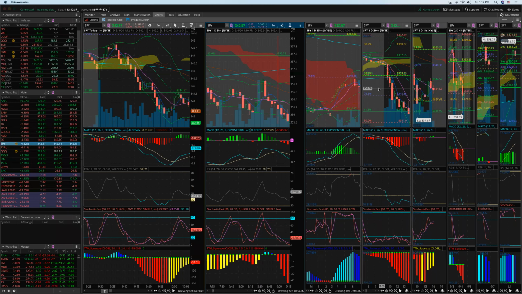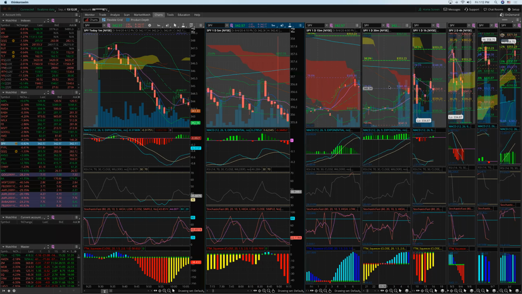It went down a lot. For those who don't know my charts, this is the setup I have. I have my watch list here. These are indexes, these are the common names I play and position, and this is my main watch list of 500 names. On these charts, I have 1 min, 5 min, 15, 30, 1 hour, 4 hour, daily, and monthly. Always look at the whole time frame.